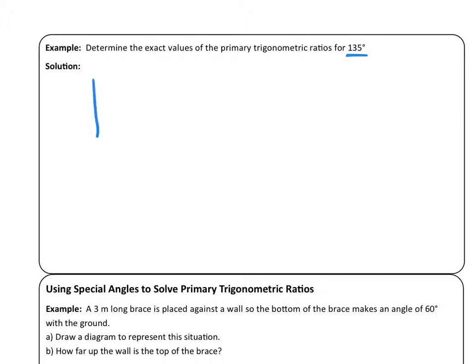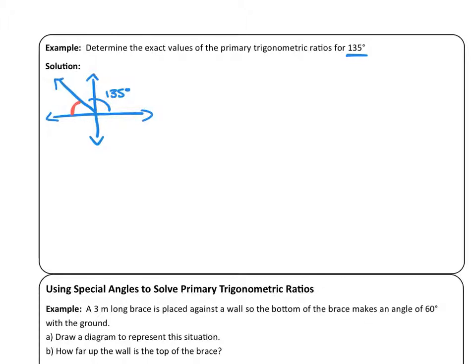I always first draw it because I want to see where it is. This is 0 to 90, so 135 I know is here. So that's 135 degrees. But what we actually want to know is our reference angle.